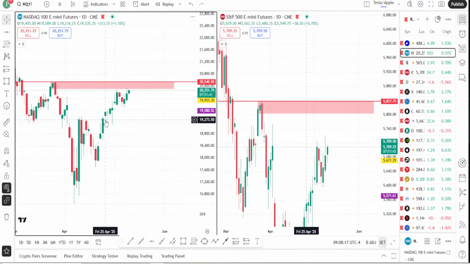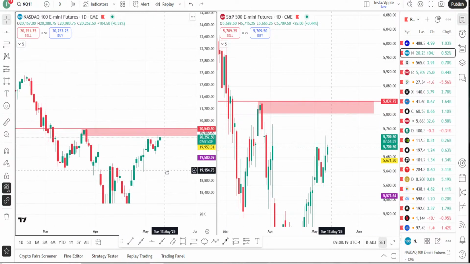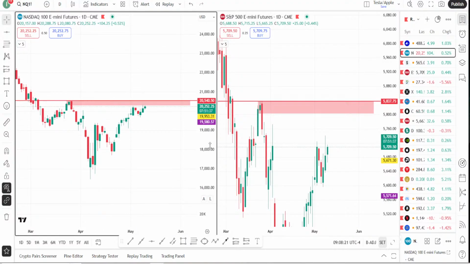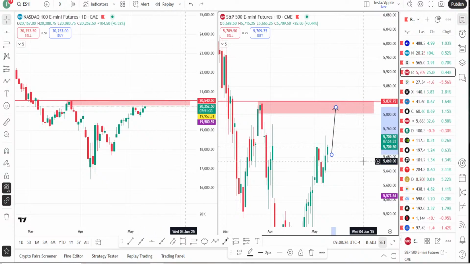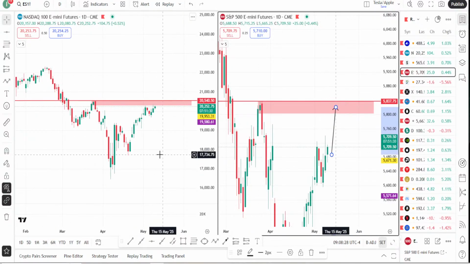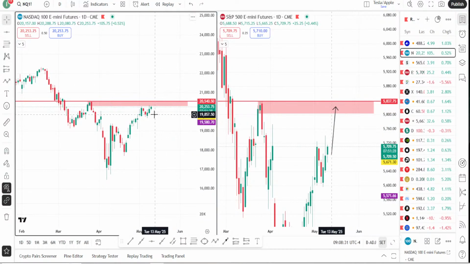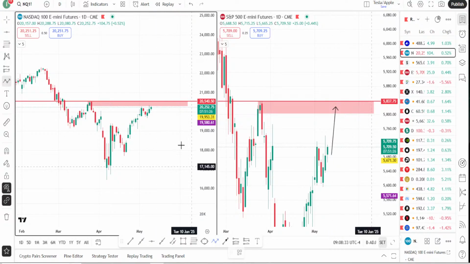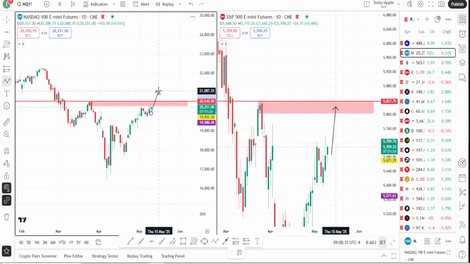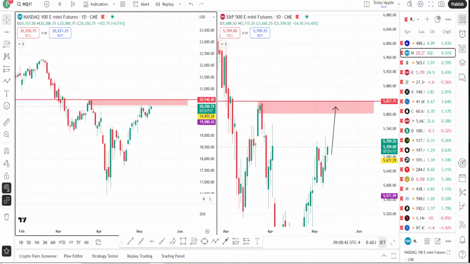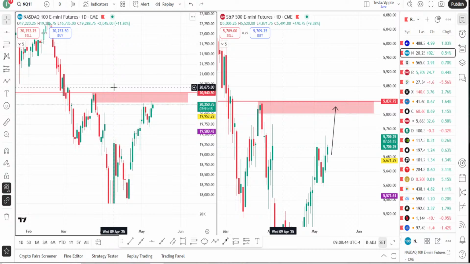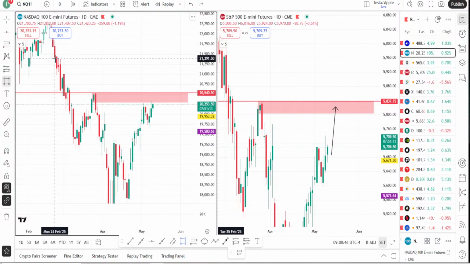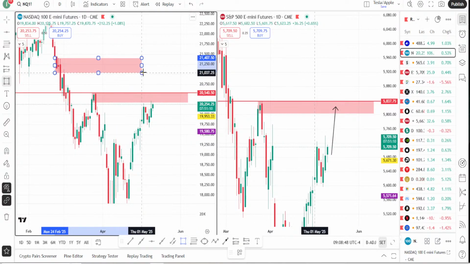So I'm thinking ES might shoot up here, and NQ might surpass this line here, might come up a little bit higher. Let's mark up this order block right here as well.